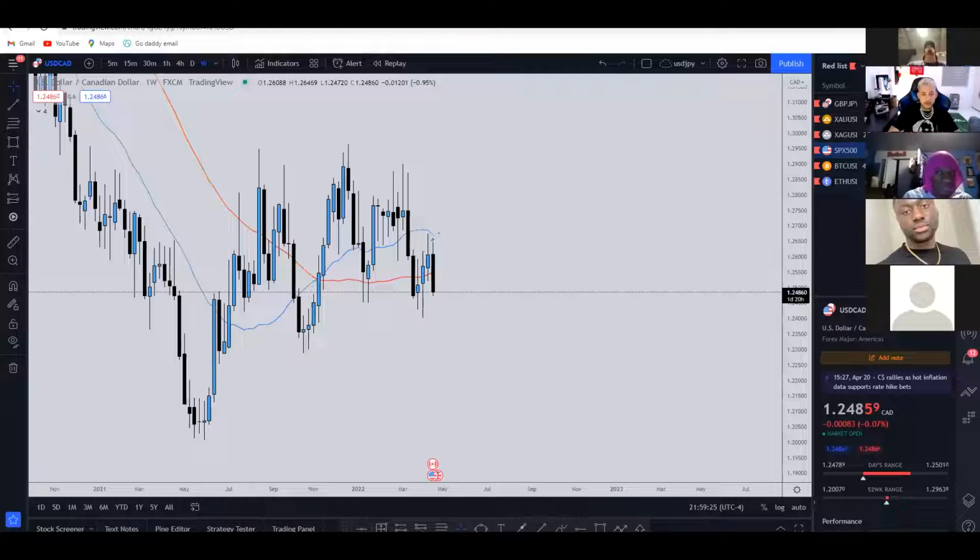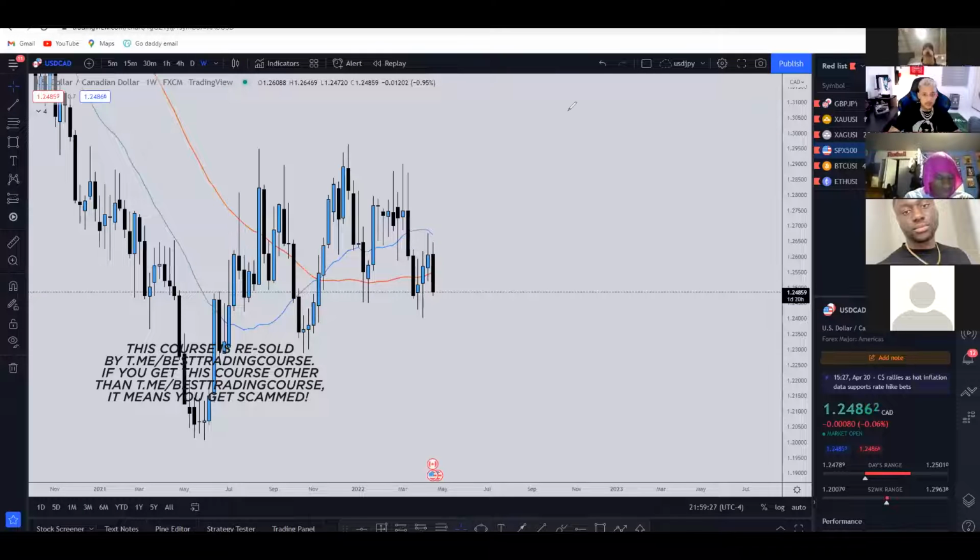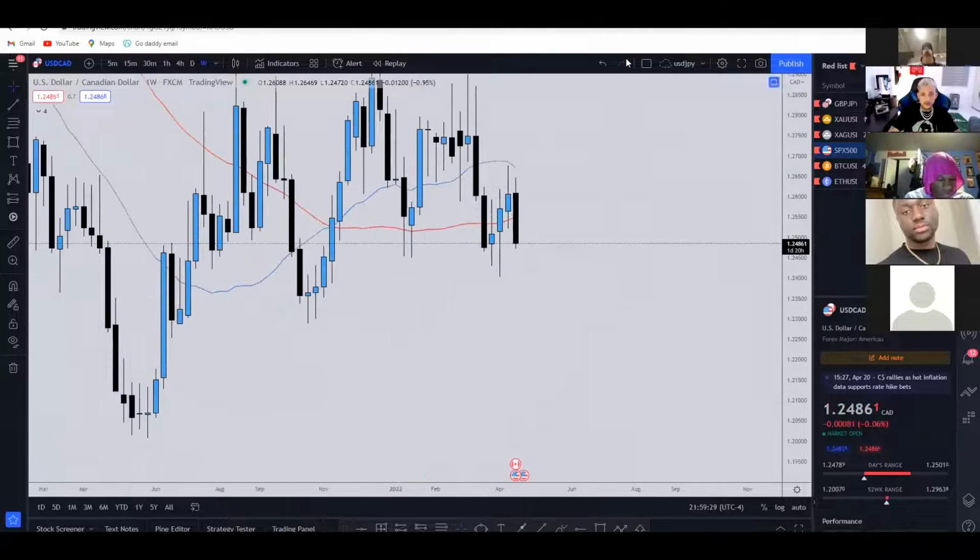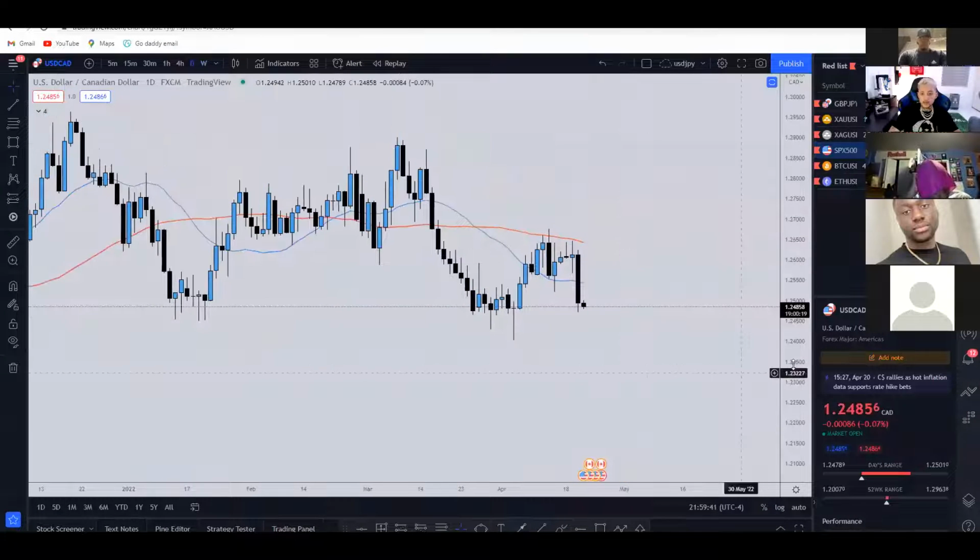If you also look at the candlestick formations and the wicks on this weekly time frame, you have a high, higher high, and then this week breaks under the previous week's higher low. So it seems like there's a shift in momentum here.